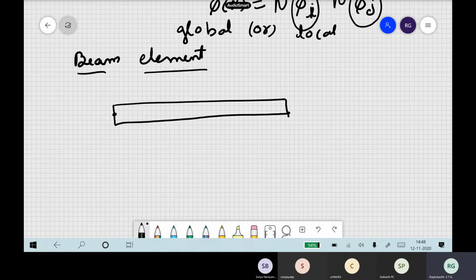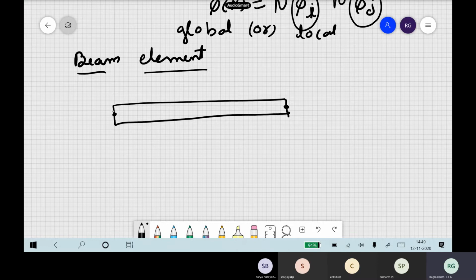How many unknowns will be there at the nodes, what is the degree of freedom for a beam element? At each end, two displacement and one rotation.